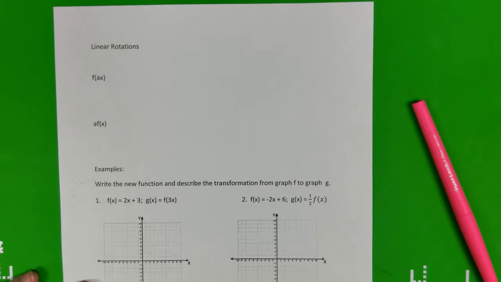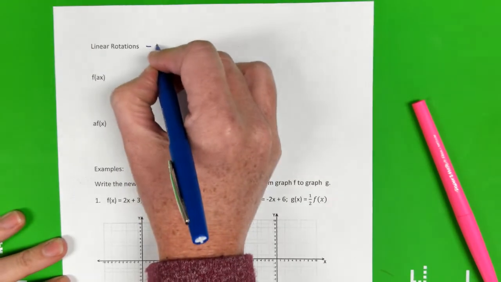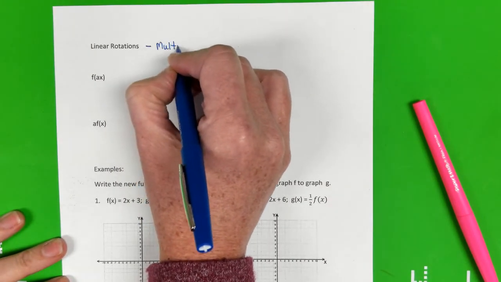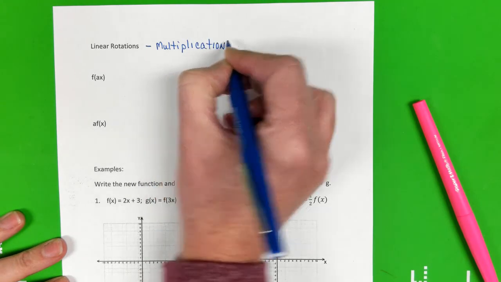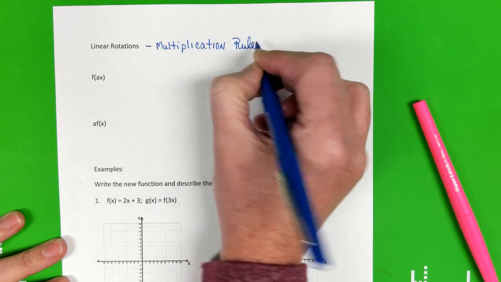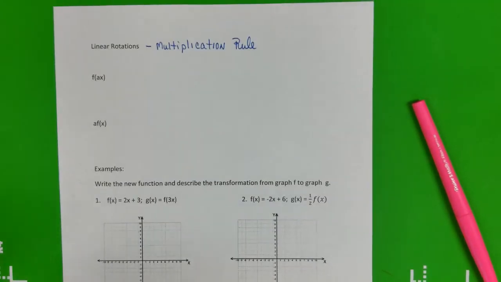Okay, so the first thing that I want to mention about linear rotations is that this is a multiplication rule. We know translations, the rule was adding or subtracting.